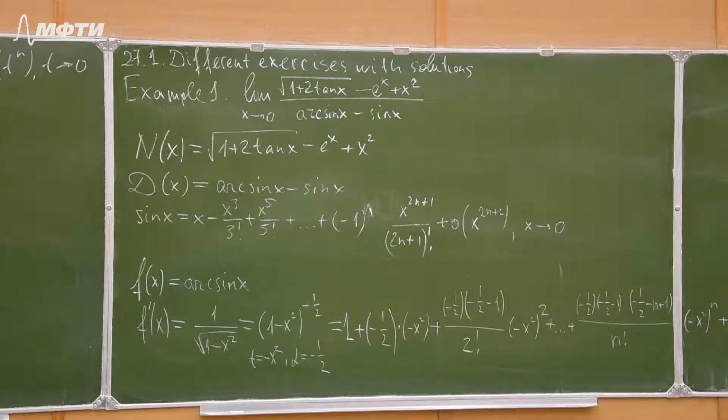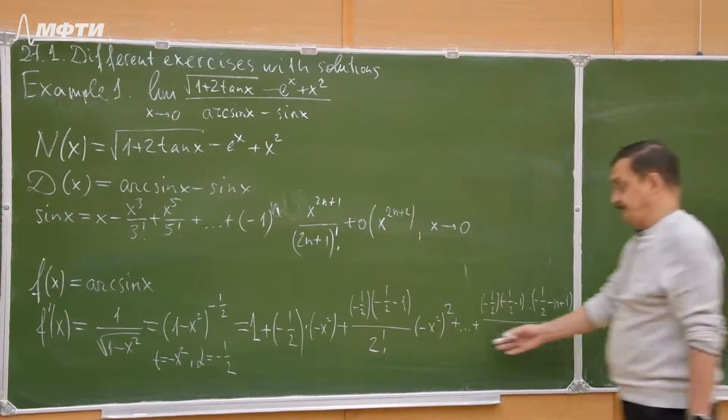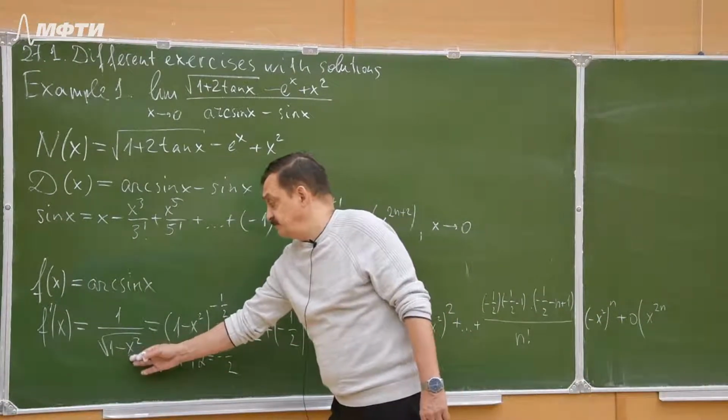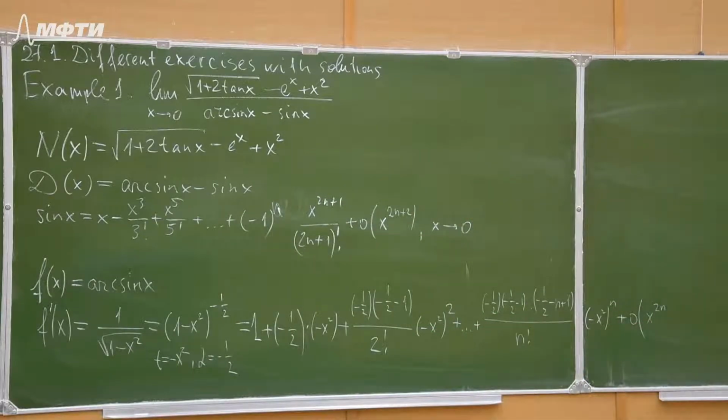But we may also observe that because the function is even, we have only even degrees in our expansion, and it means that there is no term of x to the power 2n, so we may assert even more than is written in our main expansion. So that expansion is valid as x tends to 0.